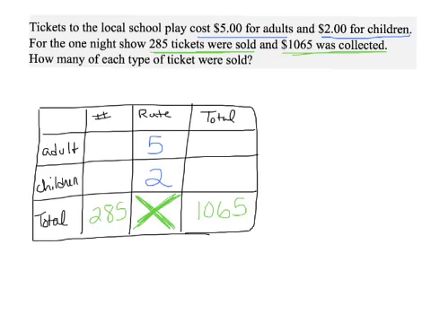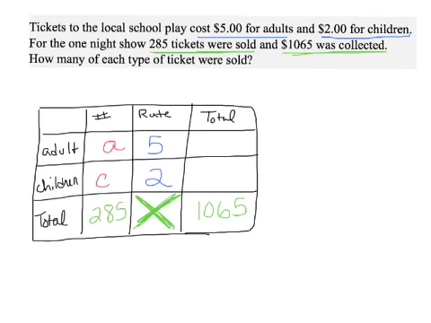At this point, you might be looking and saying, I don't have enough information, but actually, yes, you do. Using what we've learned with systems of equations, I don't know how many adult tickets were sold, so that's going to be A. I don't know how many children tickets were sold. I'm going to call that C for children. You get your choice of whichever variables you want to use.